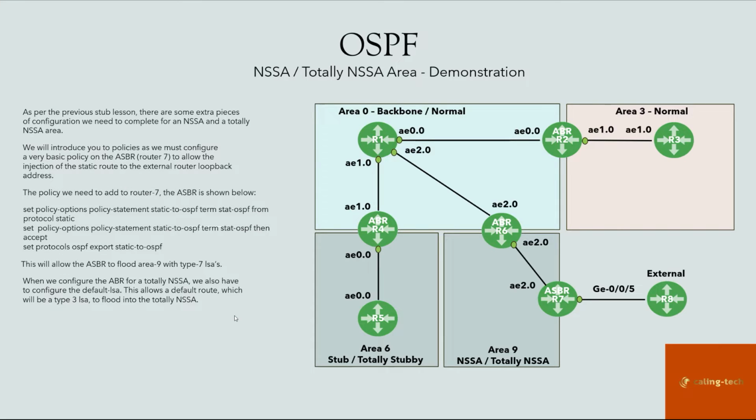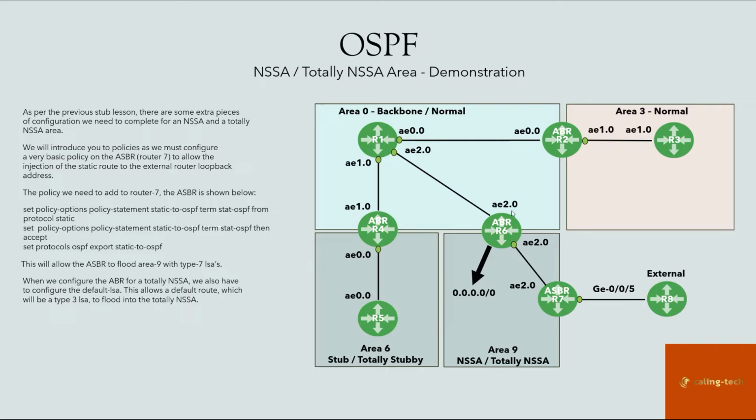When we come to configure the ABR for a Totally NSSA, we also have to configure the default LSA. Remember, we had to do that in the previous Stub lesson as well to make it Totally Stubby. What that does is it allows a default route, which will be a Type 3 LSA, to flood into the Totally NSSA, which it will be at that point in time.